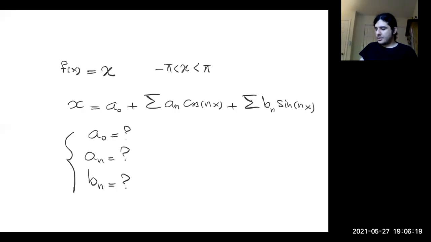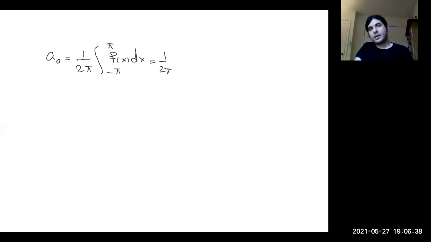Okay. So let me write down the answer. We have a_0, whose definition was 1 over 2 pi times the integral from minus pi to pi of f(x) dx, which is 1 over 2 pi times the integral of x dx from minus pi to pi.